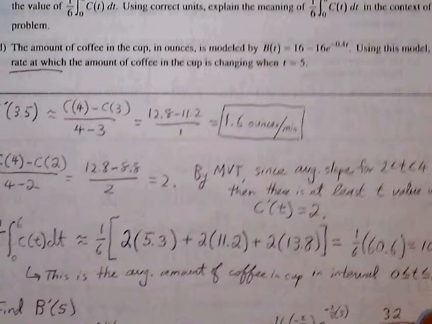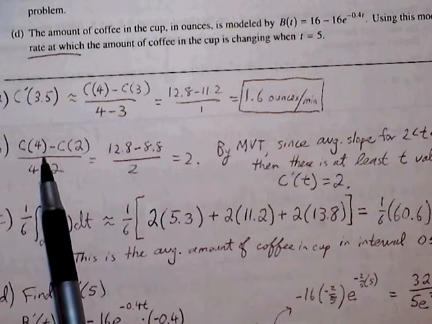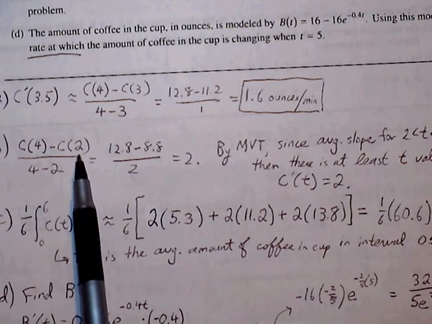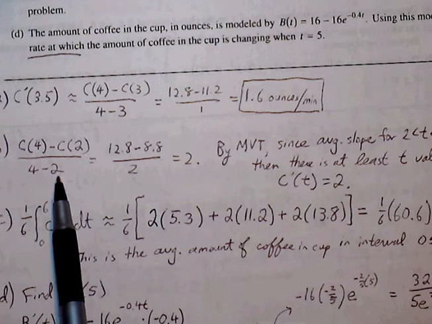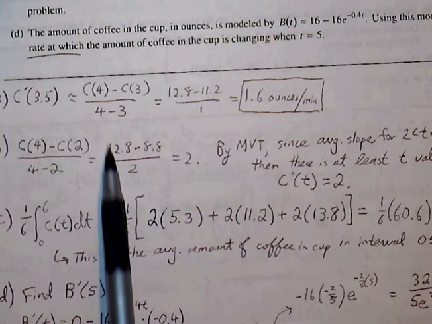So for the mean value theorem, all we do is find the average slope between our endpoints. So c of 4 minus c of 2 over 4 minus 2 is 12.8 minus 8.8 divided by 2, and that's equal to 2.